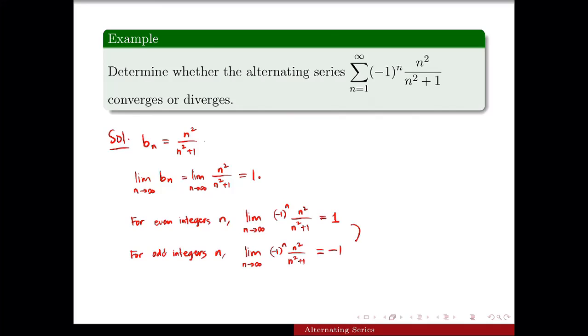So these two guys here, they are not equal. Which means, as a whole, the limit of negative 1 to the n squared over n squared plus 1 as n approaches plus infinity does not exist.